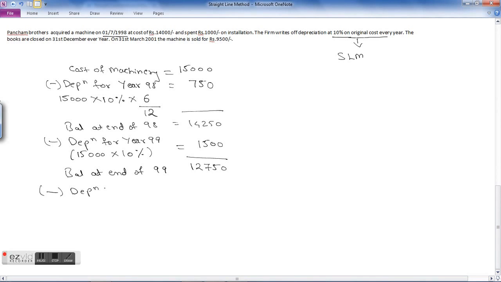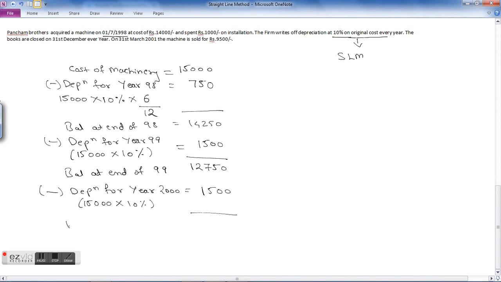Then depreciation for the year 2000. For the year 2000 also, depreciation will be charged for the entire year, since the machine has been there for the entire year. So the depreciation amount will be 15,000 into 10%, that is 1,500.